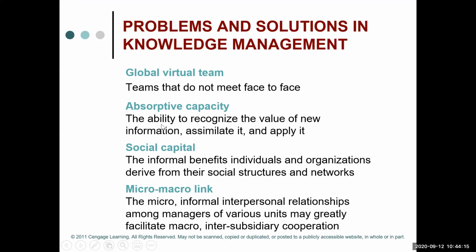Absorptive capacity would be basically if somebody is giving you knowledge transfer, how much actually are you able to understand and apply it, right? Social capital would be within the particular office or within the particular country, what kind of relationships exist among the employees and of the employees with the organization. So for example, in Amazon US, the employees and the organization have a very good relationship.